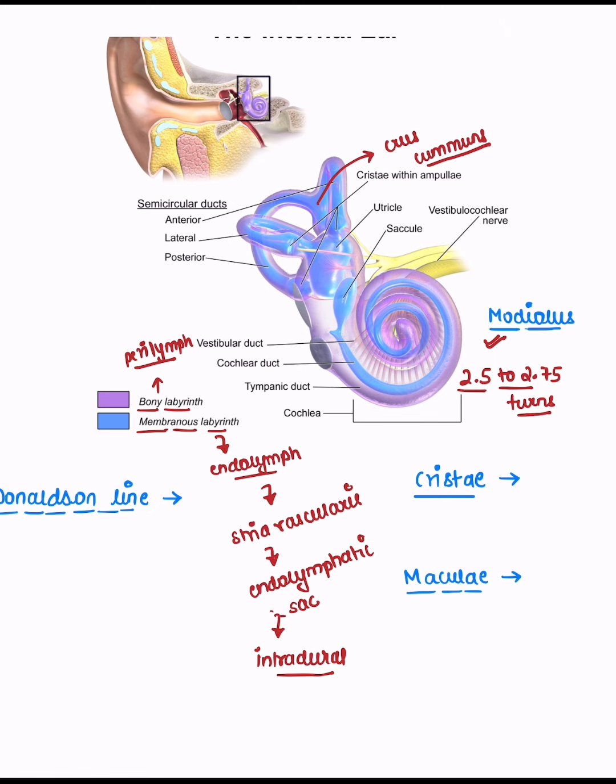To find the location of this endolymphatic sac, we make an imaginary line from the lateral semicircular canal, which is known as Donaldson's line. The endolymphatic sac lies beneath this Donaldson's line.